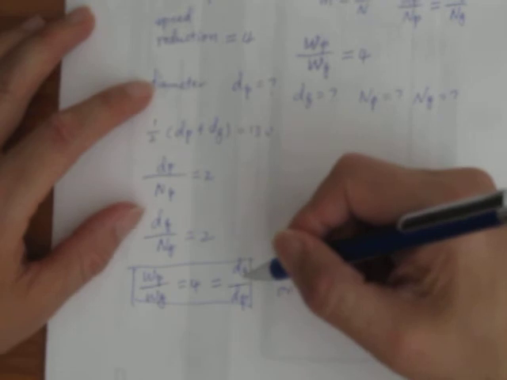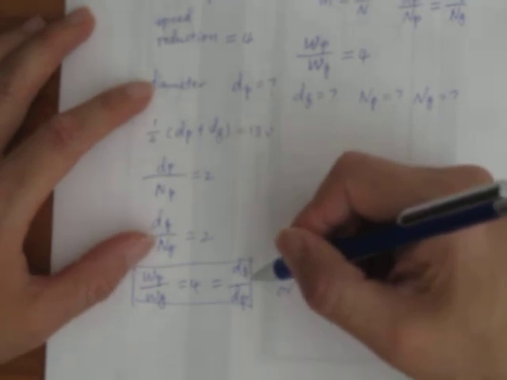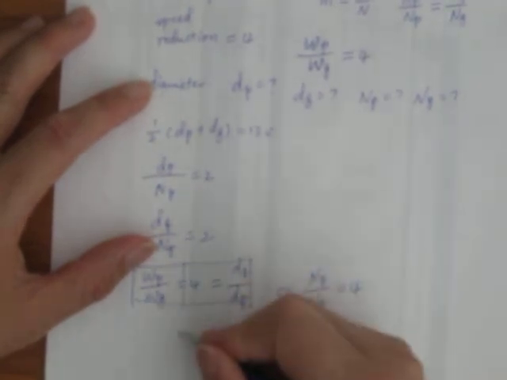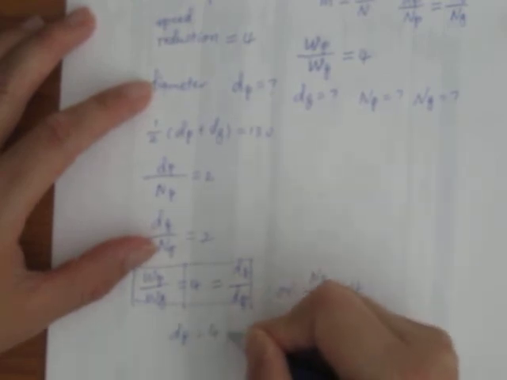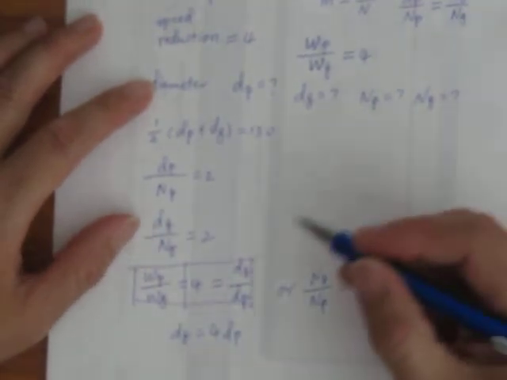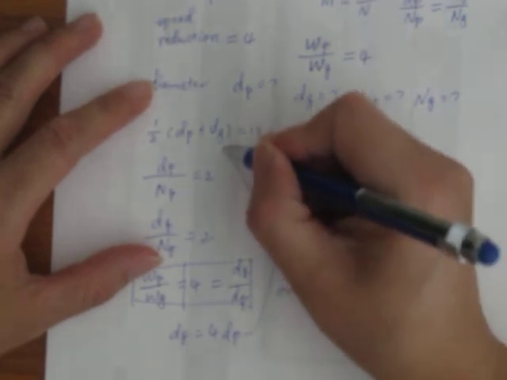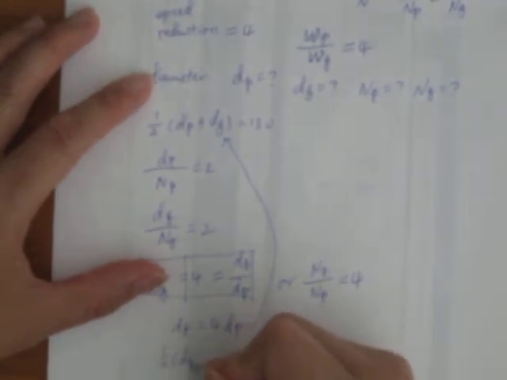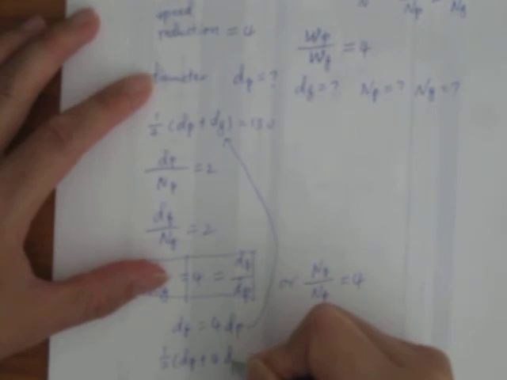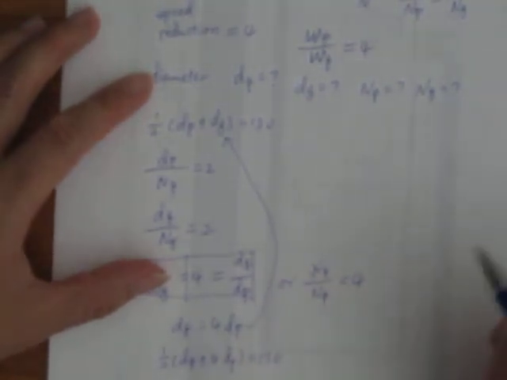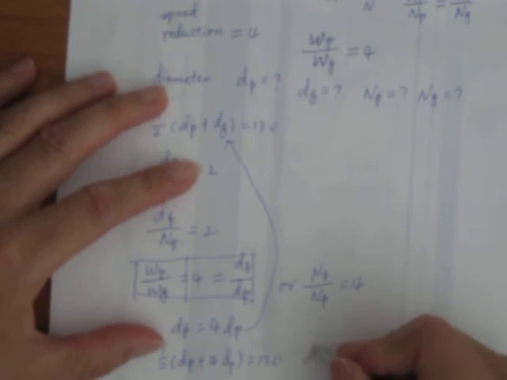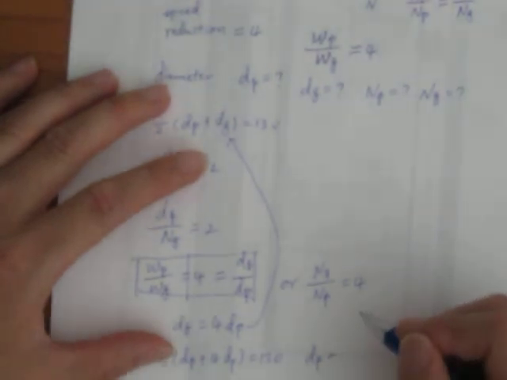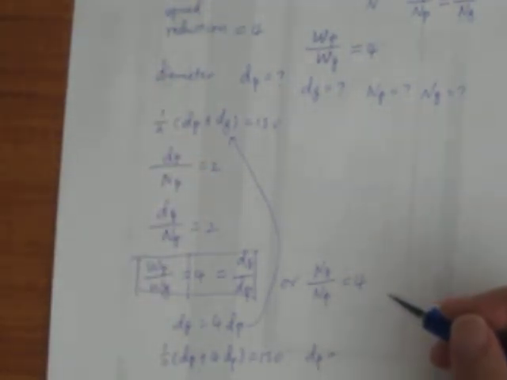Alright, so if you use this one here, from this formula you can find out dG is equal to 4 dP. And then you put this formula into this one here. So you have half of dP plus 4 dP. That's equal to 130. Then you find out dP is equal to 260 divided by 5.